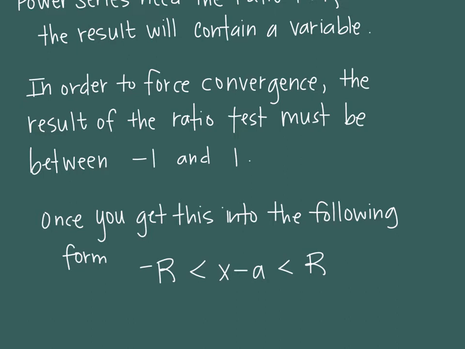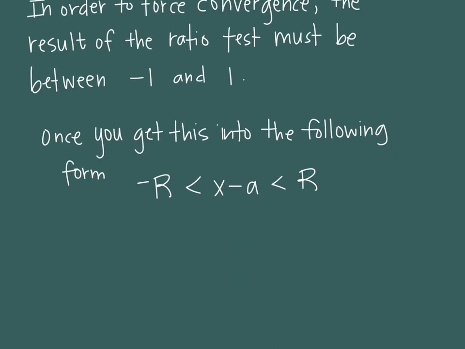You start out with it being between -1 and 1. You'll do some algebra to get it to look like this. We call a the center. We've already talked about that, centered at. We call r the radius.